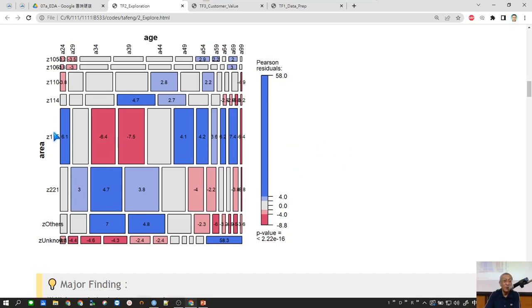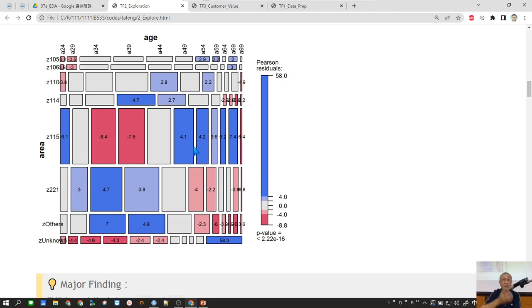For Z115, these two age groups have a lower proportion, and there are more older customers in Z115 compared to the entire area.